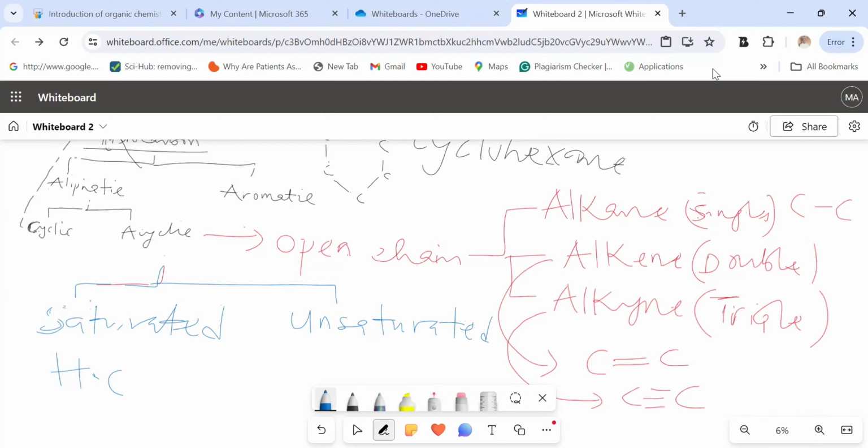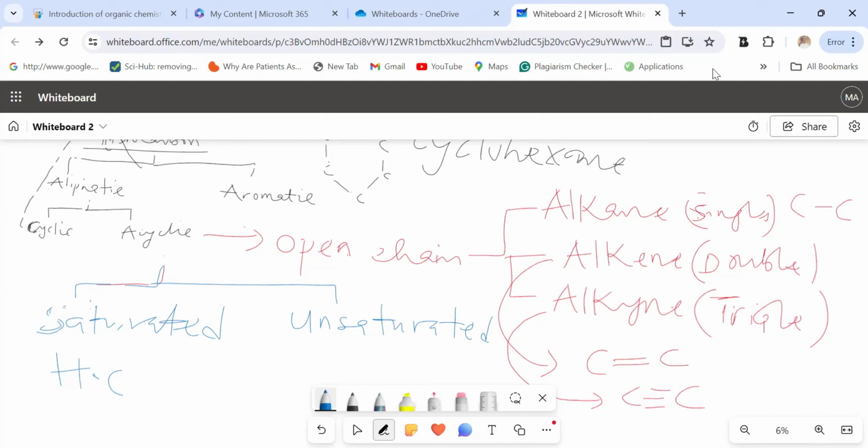They don't need any additional atoms to attach to them.